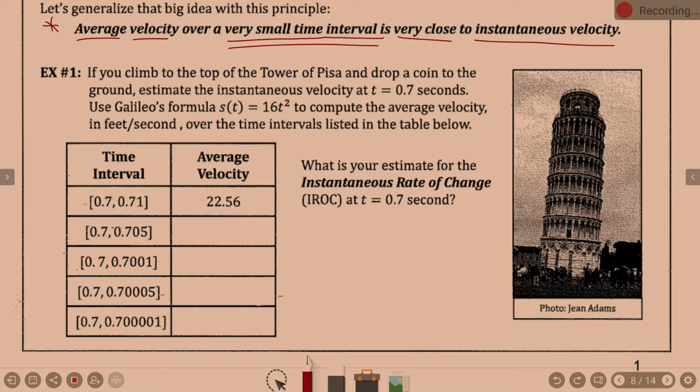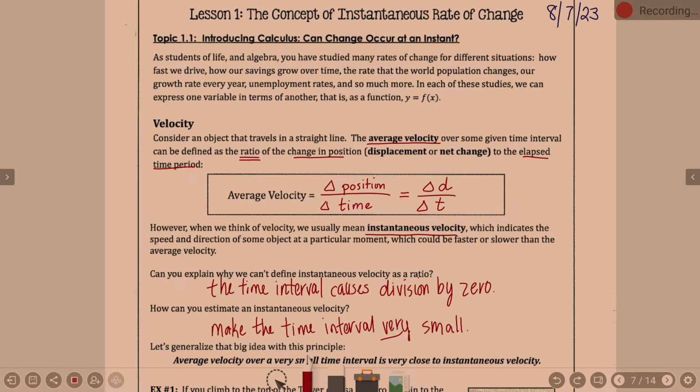How do we compute average velocity? What is position over time? Position over time, right? And if you recall, I know you guys would have talked about velocity. S of t is a position formula.